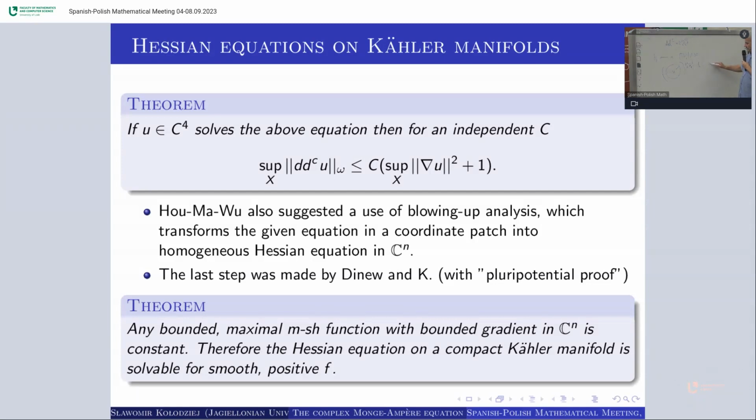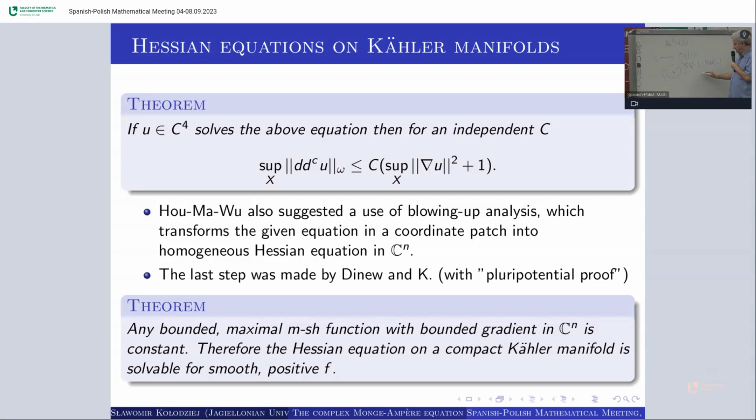In the limit, you get a function, say u tilde, which is non-constant because the gradient at 0 is now 1, with bounded gradient because this is the maximal gradient for this function.